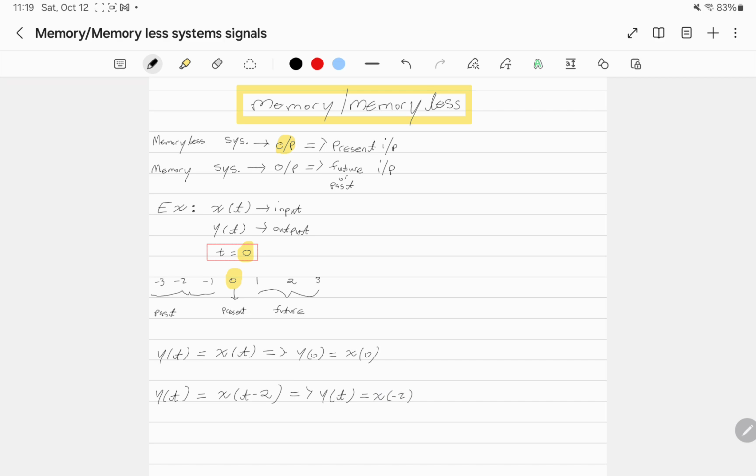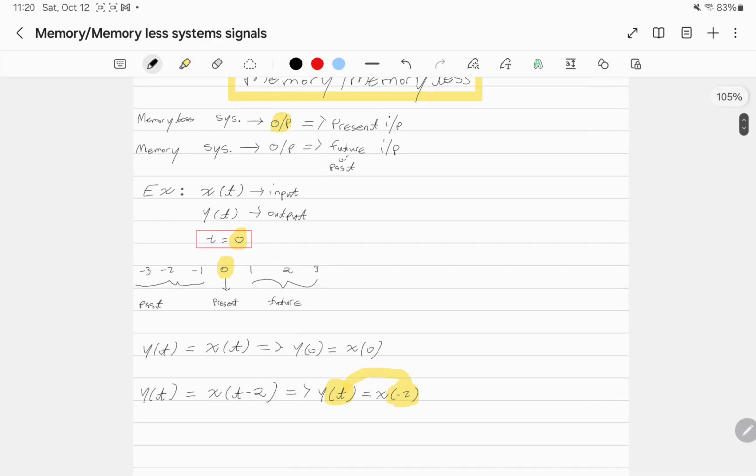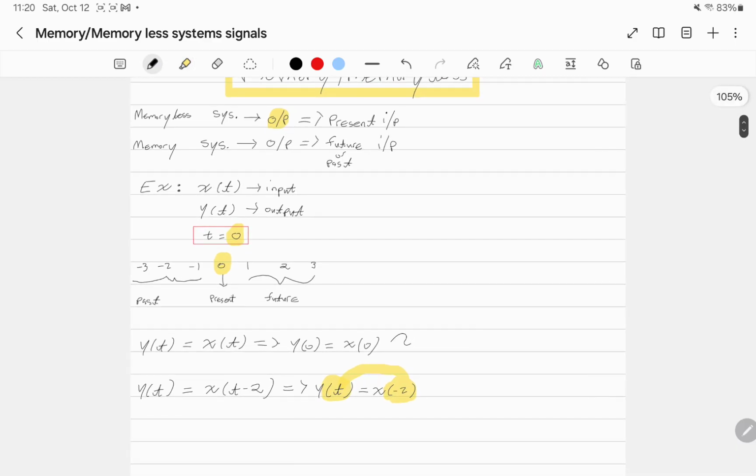So we can clearly see that the output depends on the past values of the input. So this one relies on the present. This one relies on the past, or this system relies on the past.